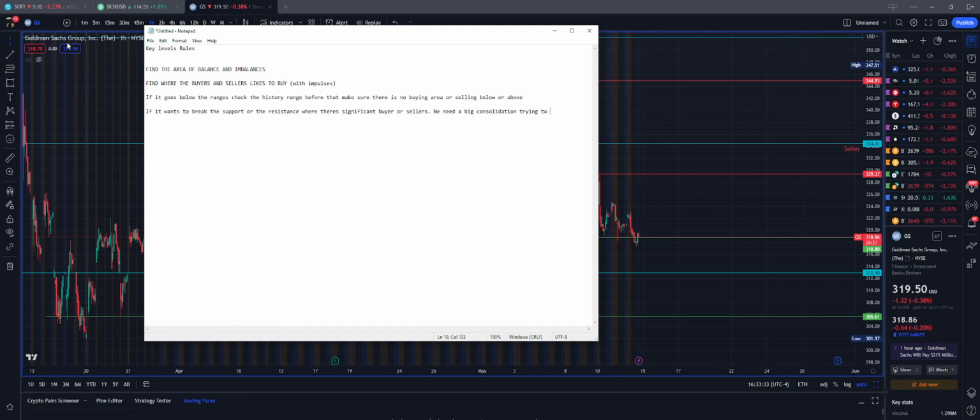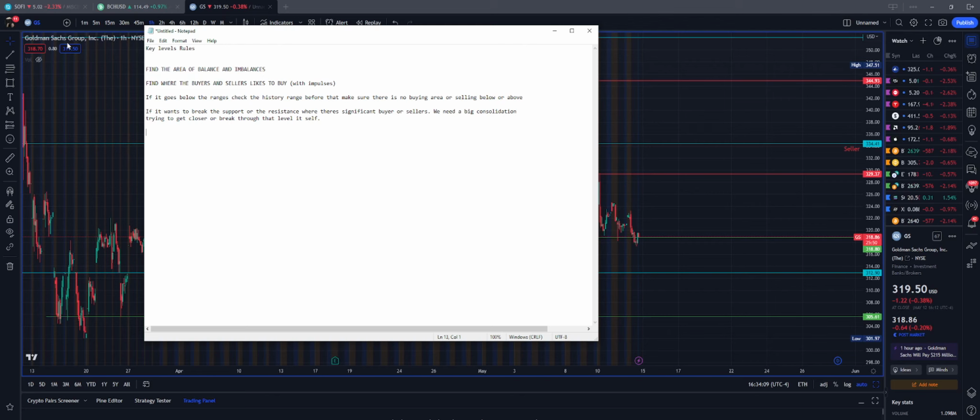trying to get closer or break through that level itself, right? So for example, once you break down, we need to see a lot of lower high, lower high.